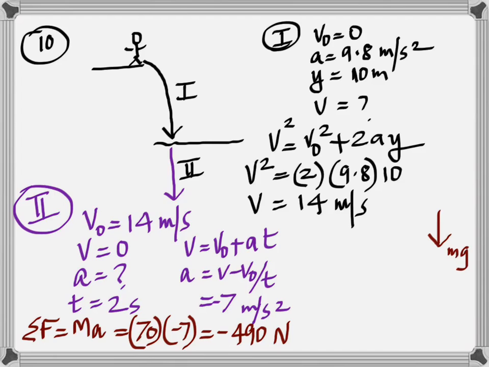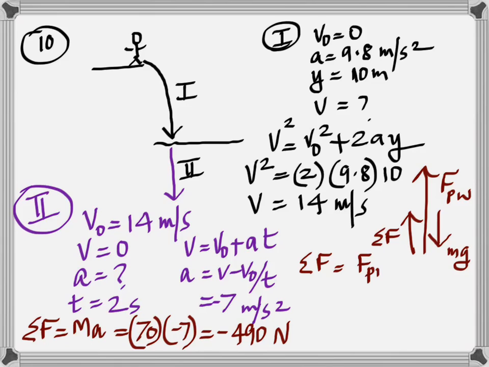Now yet remember that the weight of the person acts downwards, mg. Net force is upwards, and therefore the force applied by water on the person, FPW, force applied on the person by the water, should be bigger and upwards. And the net force is the sum of the two. Do not take a negative here.